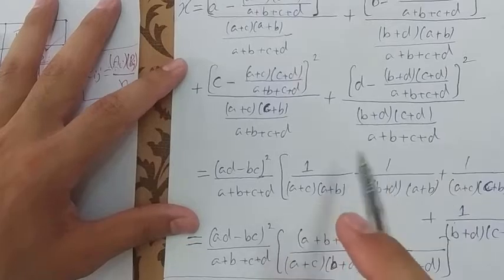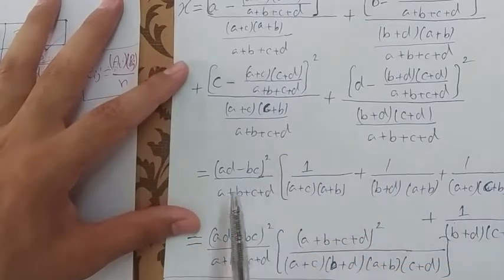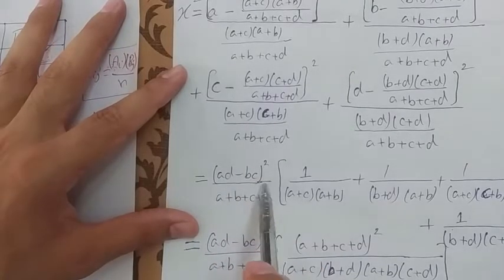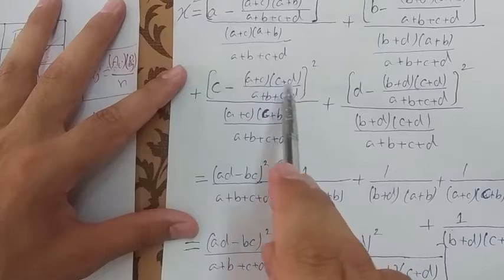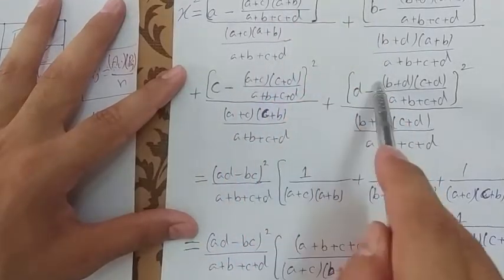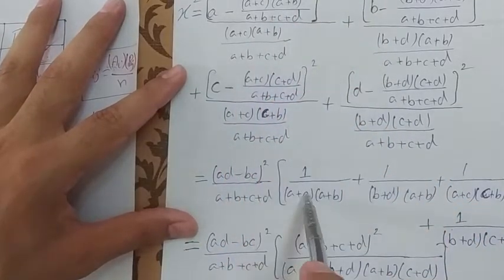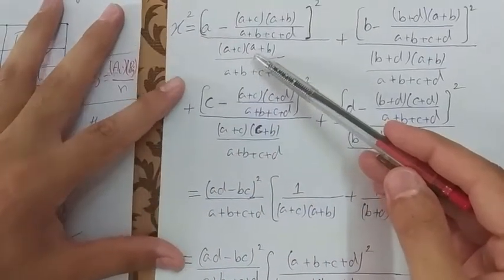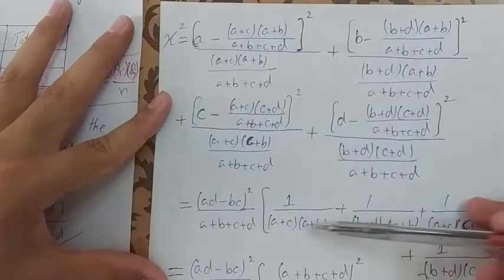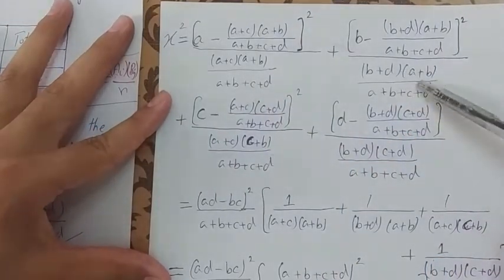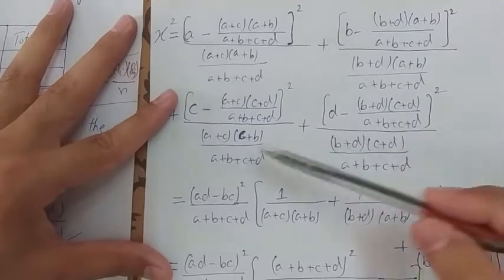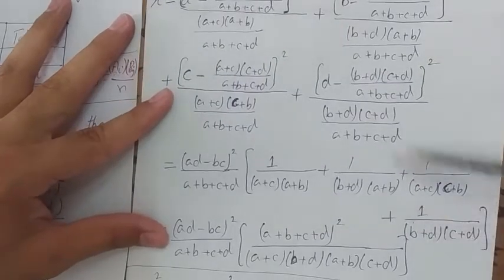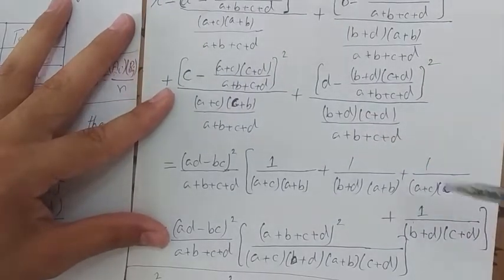And now in the next step, as a simplification, we take the common factor (ad minus bc) whole square over (a plus b plus c plus d) from each of the relations, and then the remaining are 1 over (a plus c) into (a plus b), plus 1 over (b plus d) into (a plus b), plus 1 over (a plus c) into (c plus d), and plus 1 over (b plus d) into (c plus d).